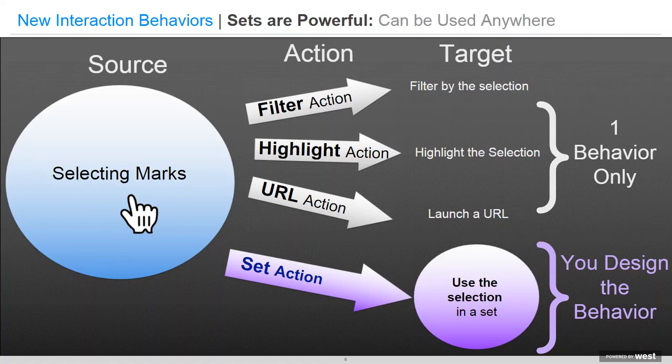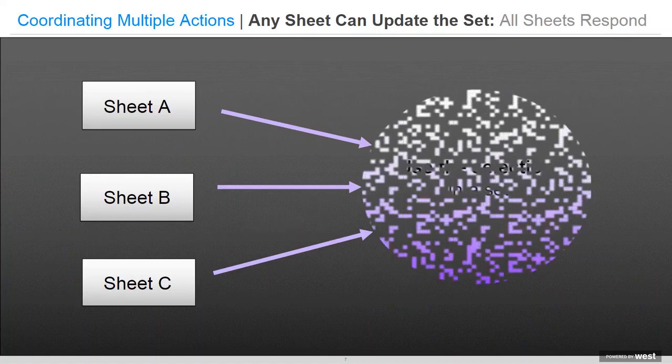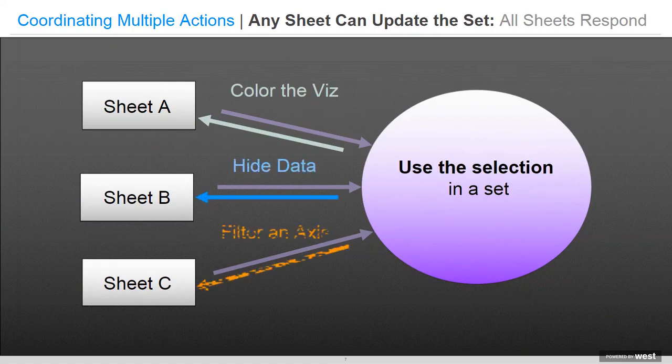So just to walk through a hypothetical example, if I'm building a dashboard, I'll often have multiple worksheets, multiple visualizations coming together in one dashboard. I've got, say, sheet A, sheet B, and sheet C, and each of those worksheets in the dashboard can make use of the same set. I might, for example, in one of them use it to color the viz.